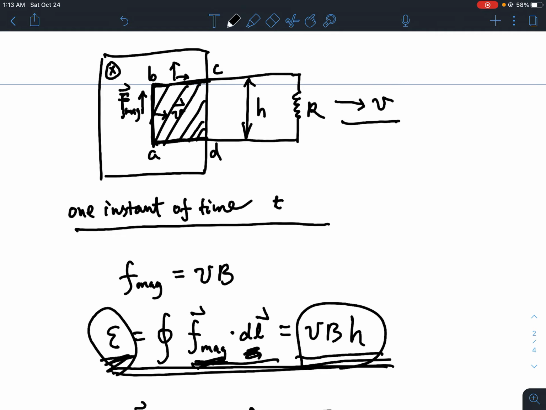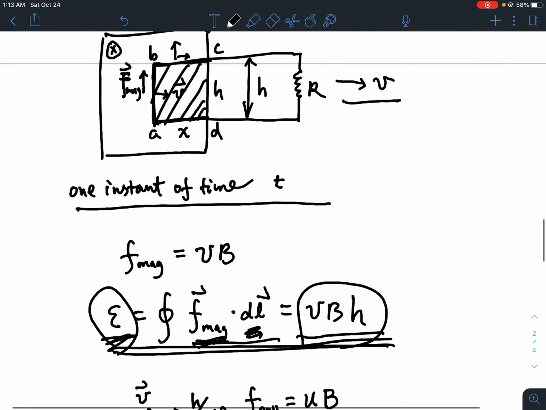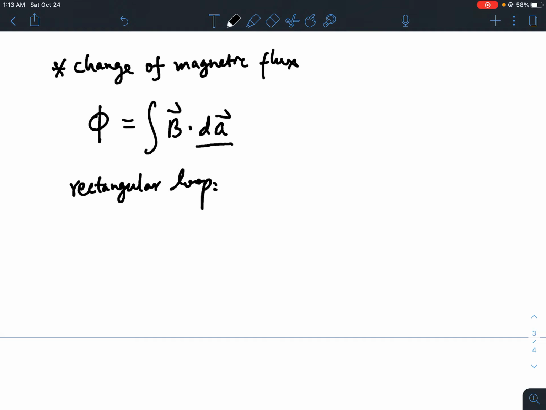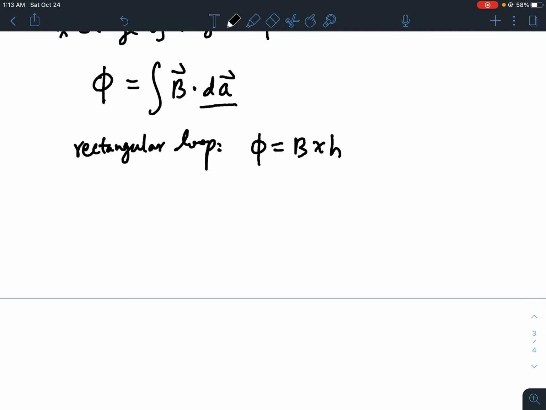The B field through this loop is really this. Let us assume the distance is x, the height is h, as we said here. So for this rectangular loop, phi is really B times x times h.